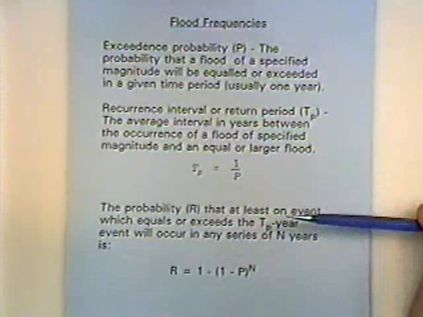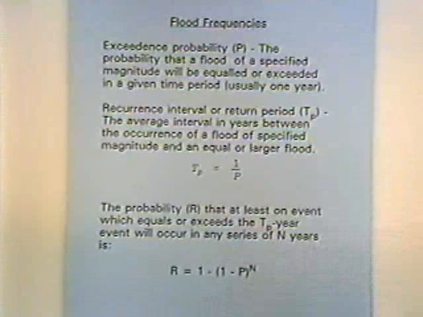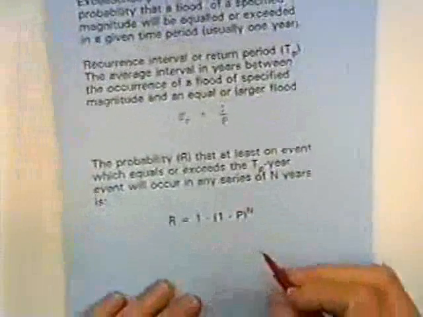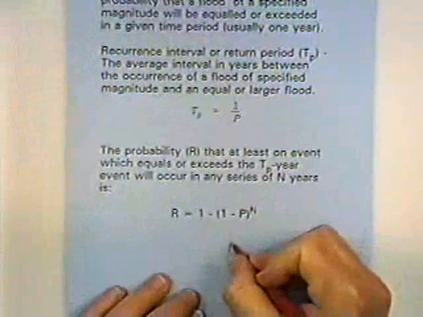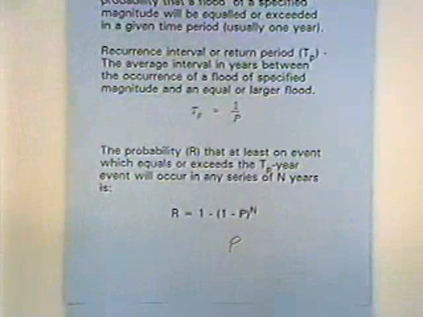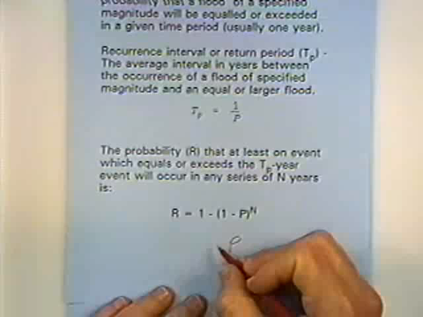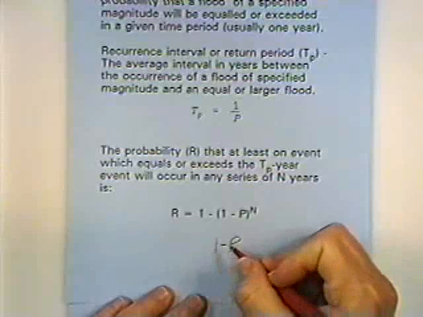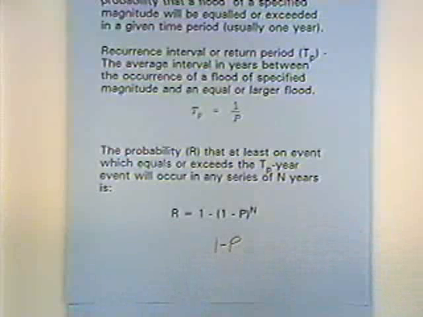Now, another formula that's quite useful, if you think in terms of exceedance probability, let me write the symbol. It's the symbol P. P is the probability that a given event will be equaled or exceeded in any given year. 1 minus P is the probability that that event will not be equaled or exceeded in any given year.